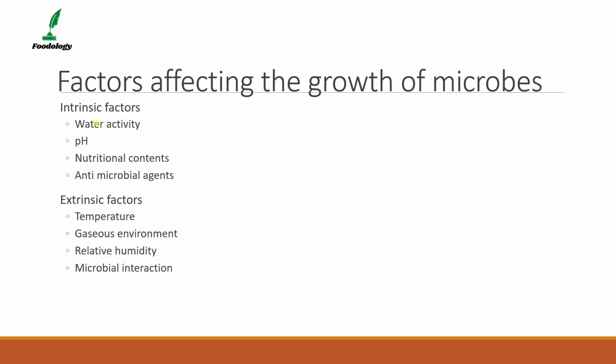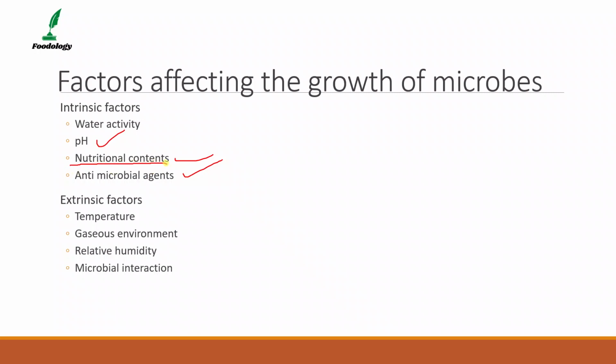Then we have factors affecting the growth of microorganisms. We have intrinsic factors and extrinsic factors. In intrinsic factors, we have water activity, pH, nutritional contents, and antimicrobial agents. Your antimicrobial agents are like the preservatives in your food, which are hindering the growth of microorganisms.